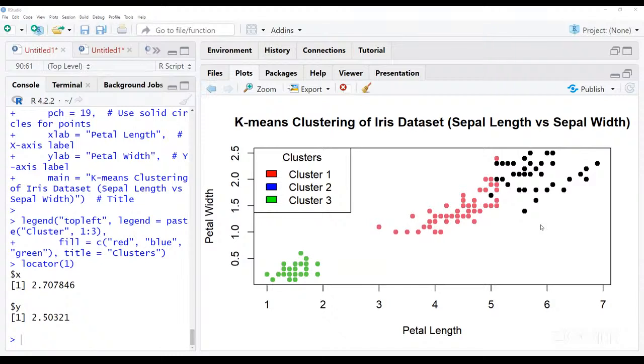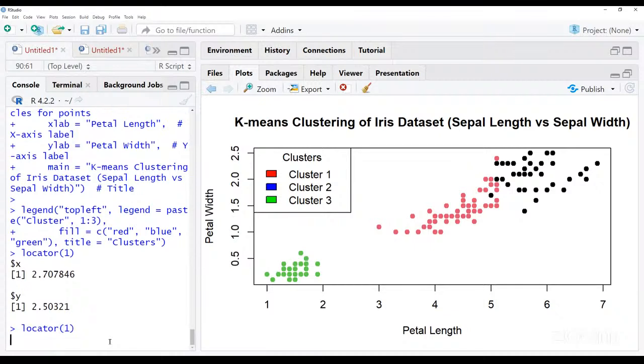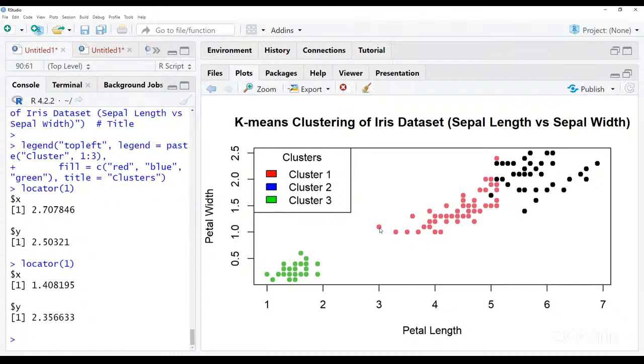Farah, again you write down locator and you click that data. What happened? It is different.